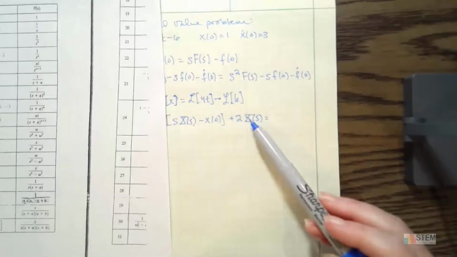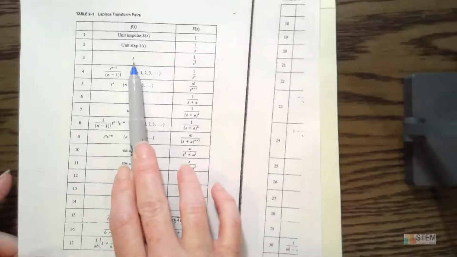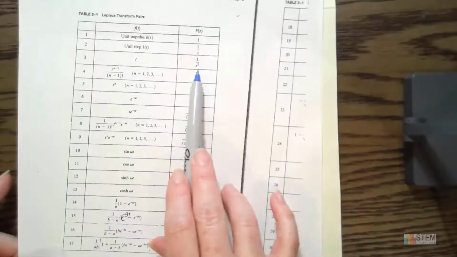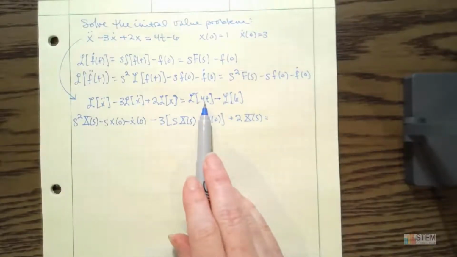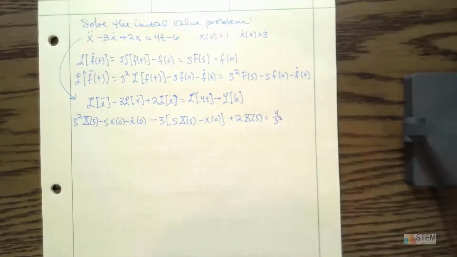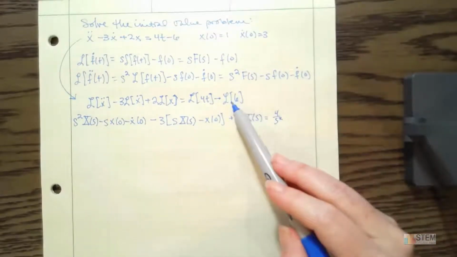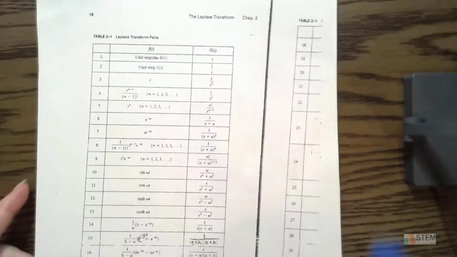So if we look here, I've got 4t. All right. So if we go right here to entry 3, this is t. The Laplace of that is 1 over s squared. And remember, I've got the 4 in here. So we're going to have 4 over s squared on the right. And then on this one, we've got just a 6. So that's going to be a number.